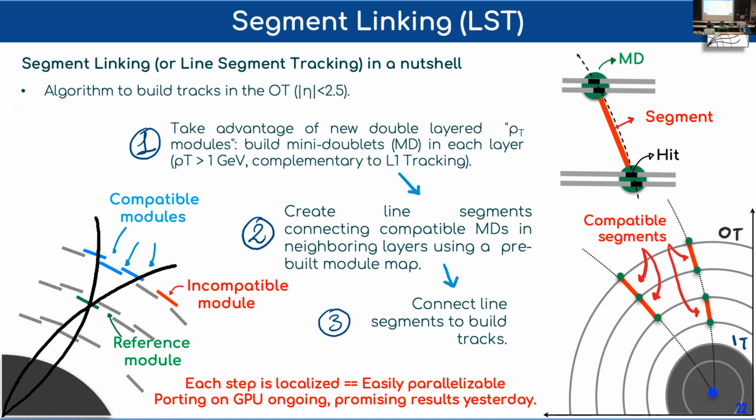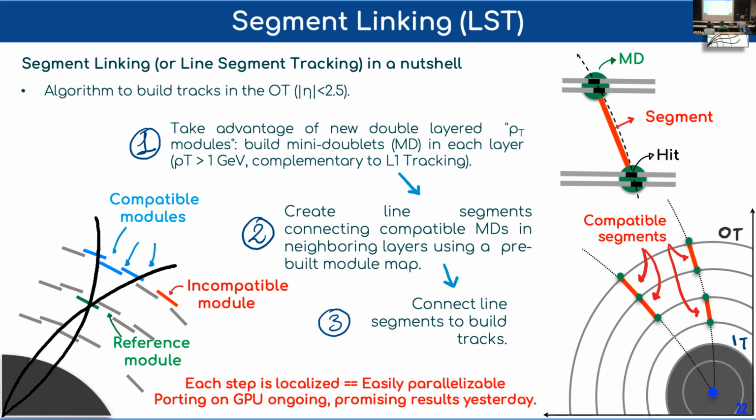using, for example, the cellular automaton or this kind of algorithm, also for the HGCAL, a complete, modular, flexible, and also iterative framework has been developed within CMS that is called TICL.